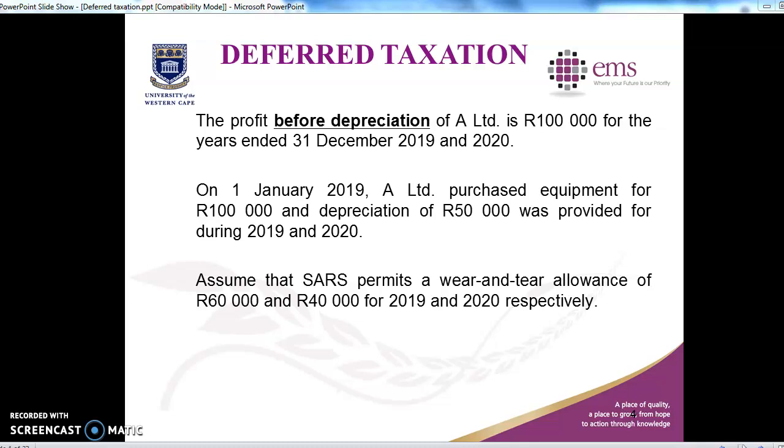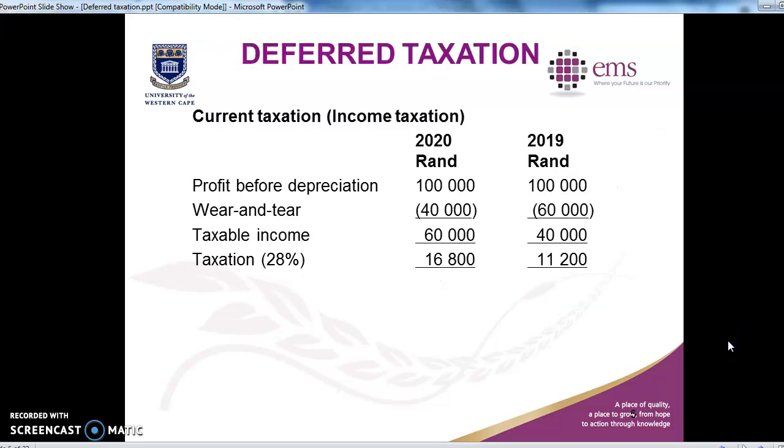So from an accounting perspective and from a SARS perspective, both are doing exactly the same thing, but the amounts are going to be different, right? Okay, next slide. So again, we're going to have a temporary difference.